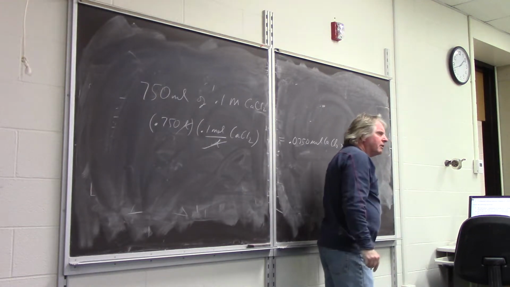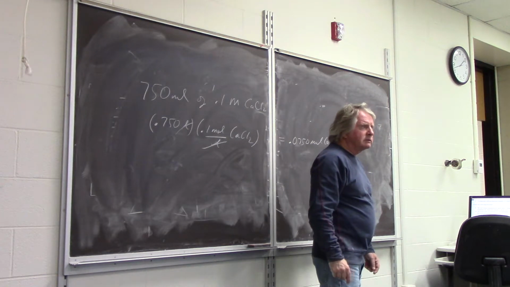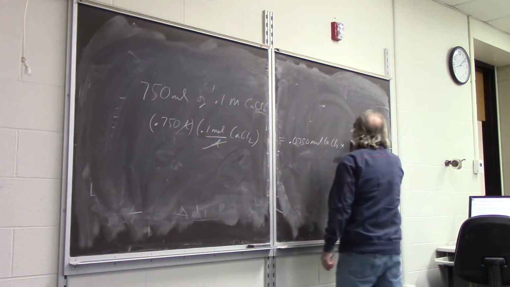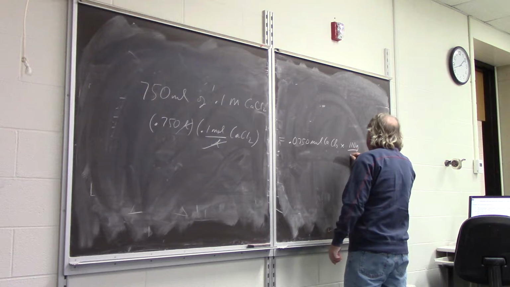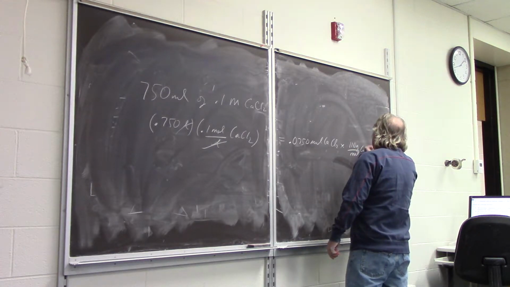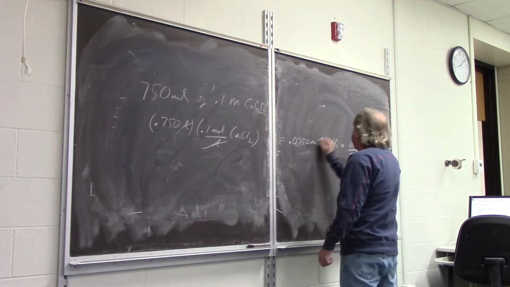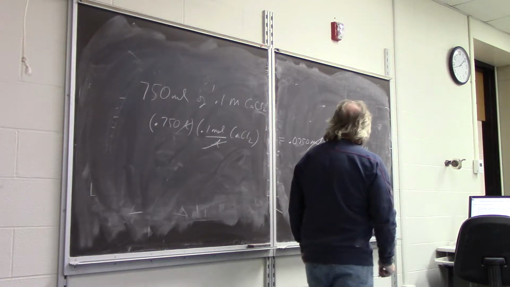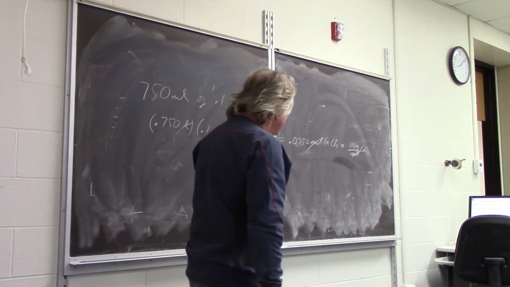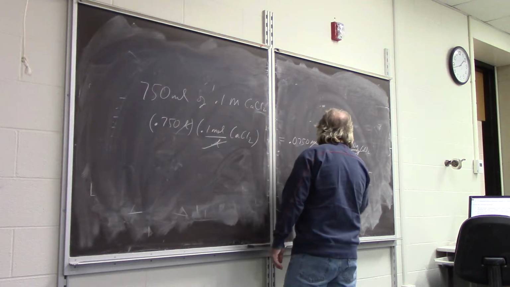The molar mass is what, 111? 110? So 110 grams per mole calcium chloride, and that'll leave you with grams of calcium chloride.